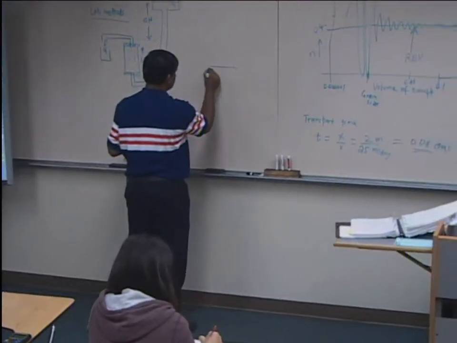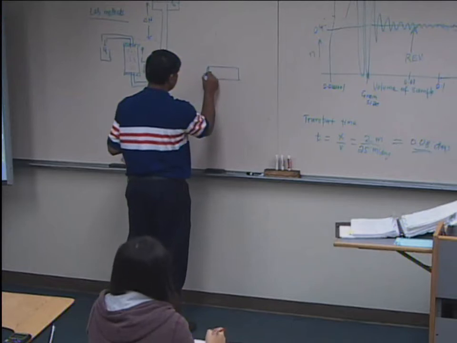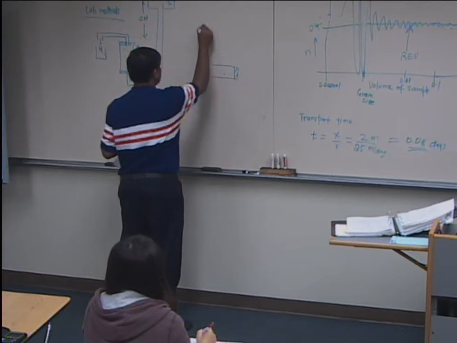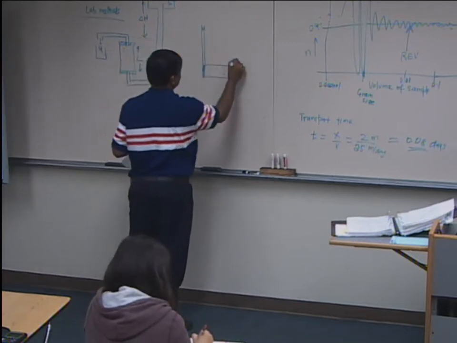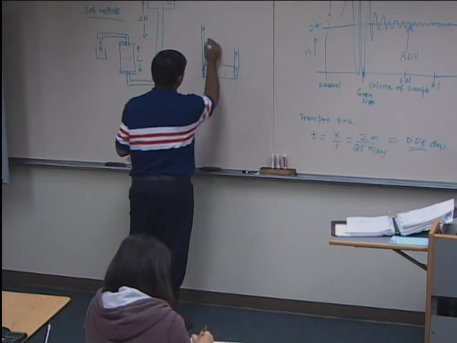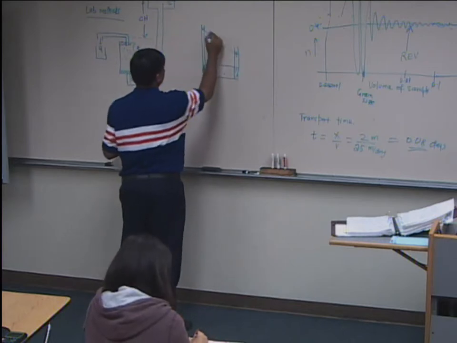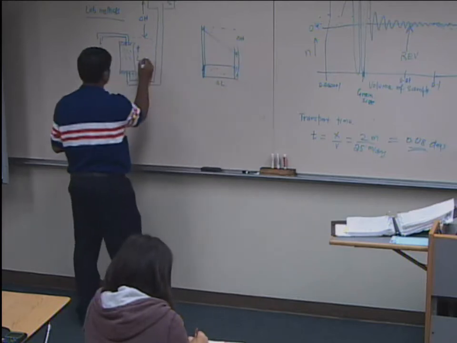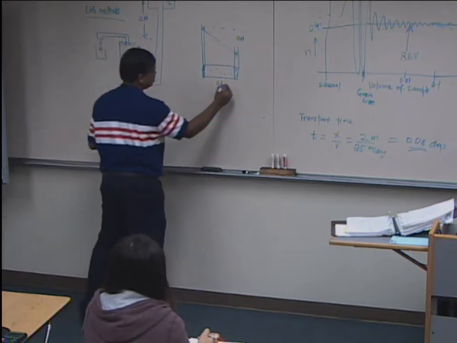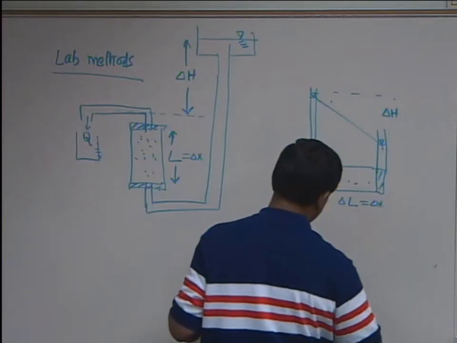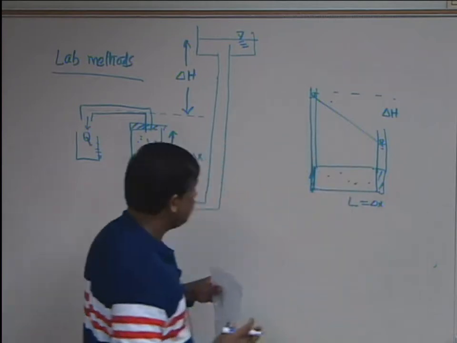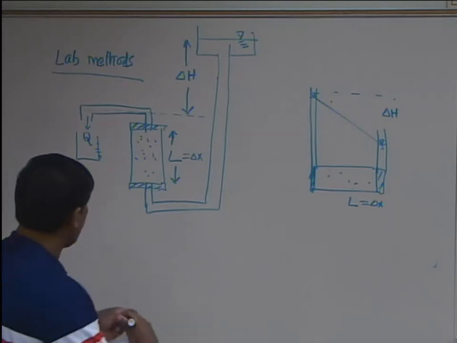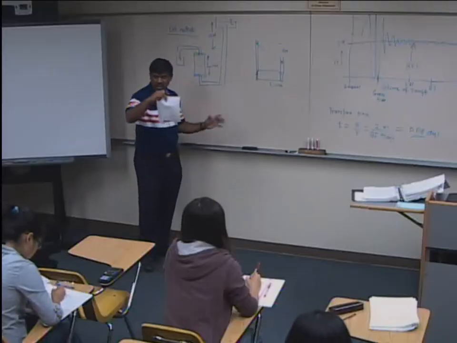You can actually view this as a column, you can view it straight this way, and this is my L equal to delta X. These are exactly the same thing, right? Remember, we already argued that the orientation doesn't matter. It's only the end head information.